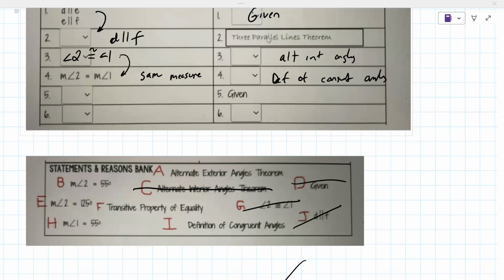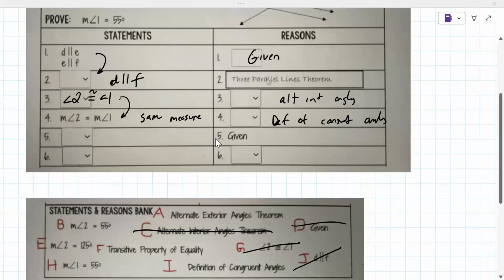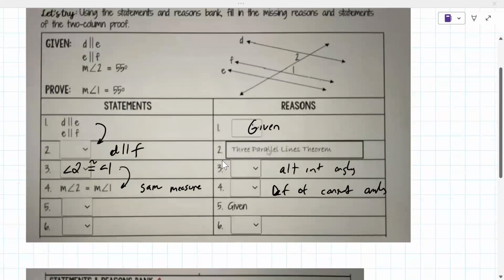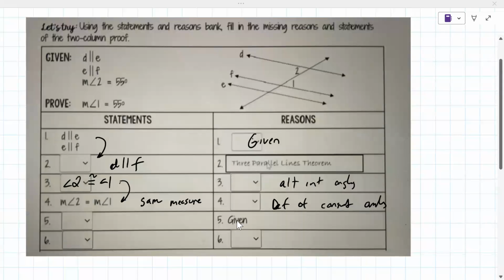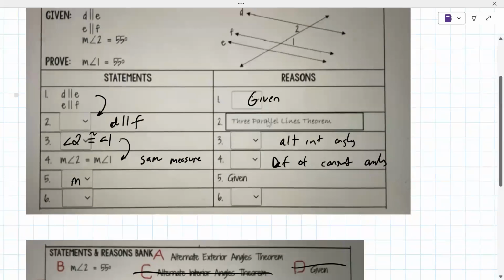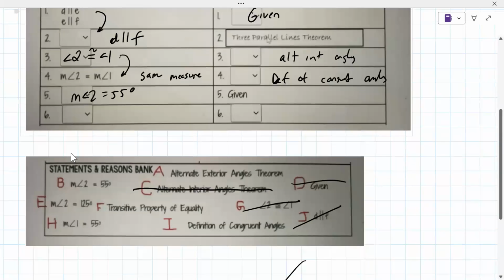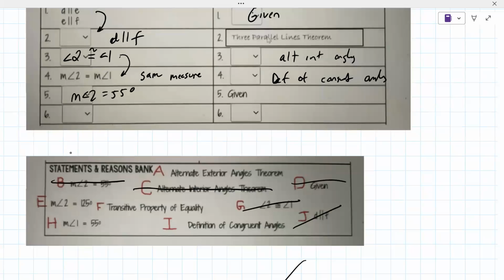Okay. So now 5 goes back to another given. So you kind of just check the boxes. Which ones did I already use? So I use those. So it must be the measure of angle 2 equals 55 degrees. That takes care of that.